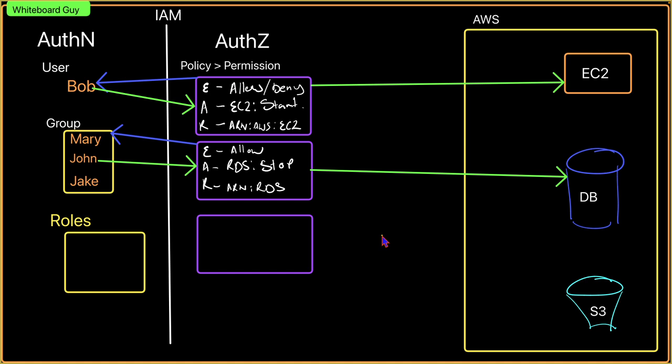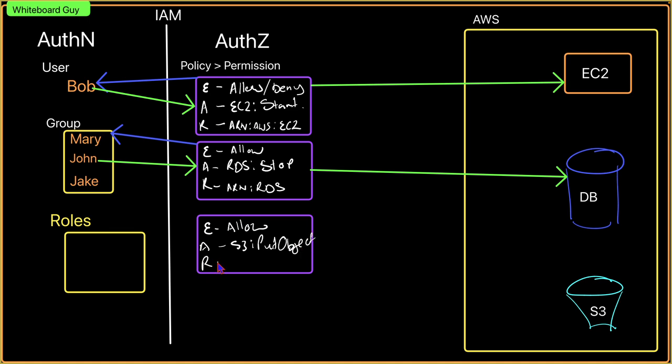And let's say the same kind of policy exists where we could say, you know what, let's go with the E. We want to allow the A, let's say this action or the verb is that this S3, we want to be able to put an object into that S3.